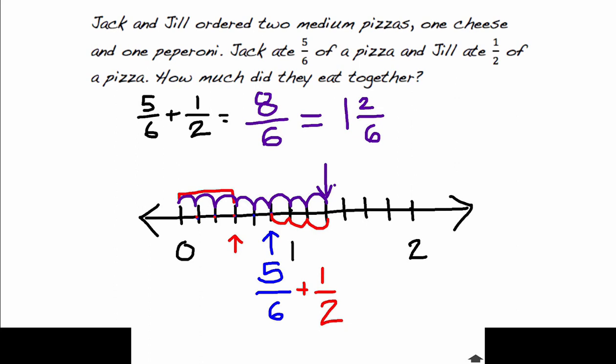We have one whole unit right here, and then there's 2 more pieces to get me to the 1 and 2/6, which can still be further reduced, or also known as simplified, down to 1 and 1/3 as our final answer, since both 2 and 6 can be divided by 2.